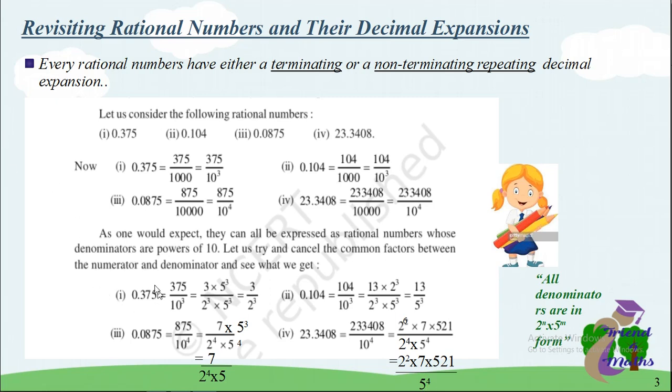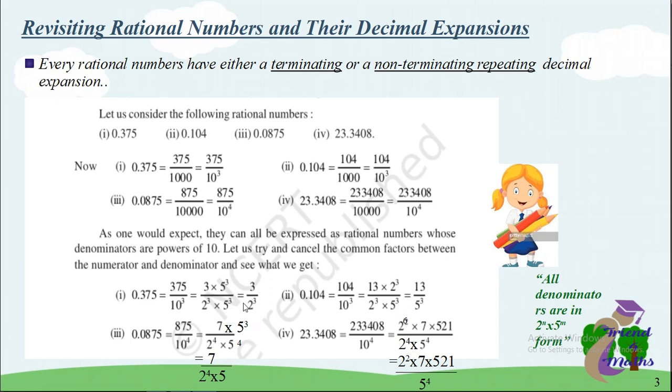Now all these decimal numbers which terminate are changed into rational numbers in which the numerator and the denominator are co-prime numbers. Now look at the denominators of each rational number.